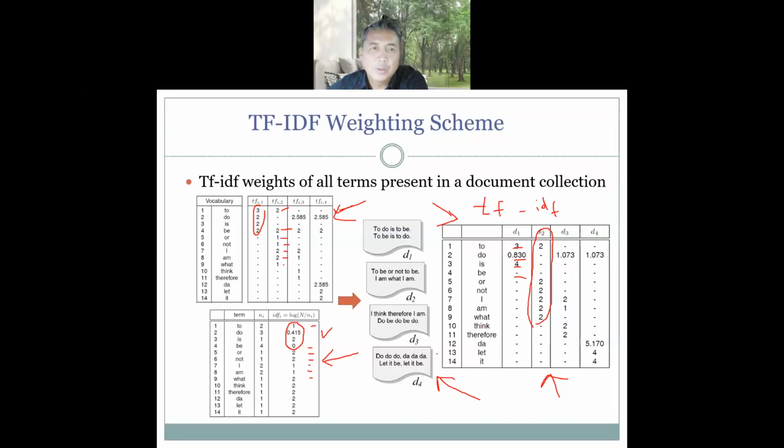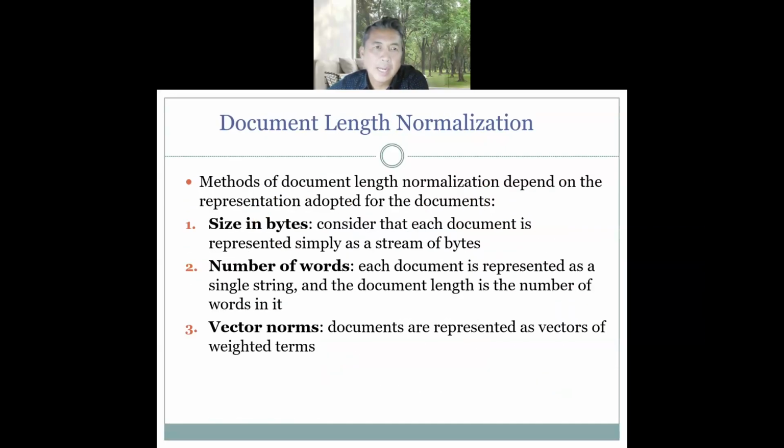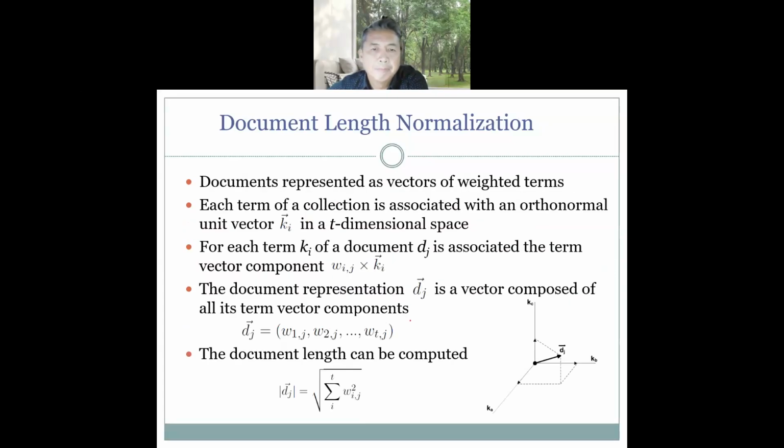So we need to normalize the document. We can normalize them using the document length. The document length can be computed using the size in bytes, the number of words, or the vector norms.